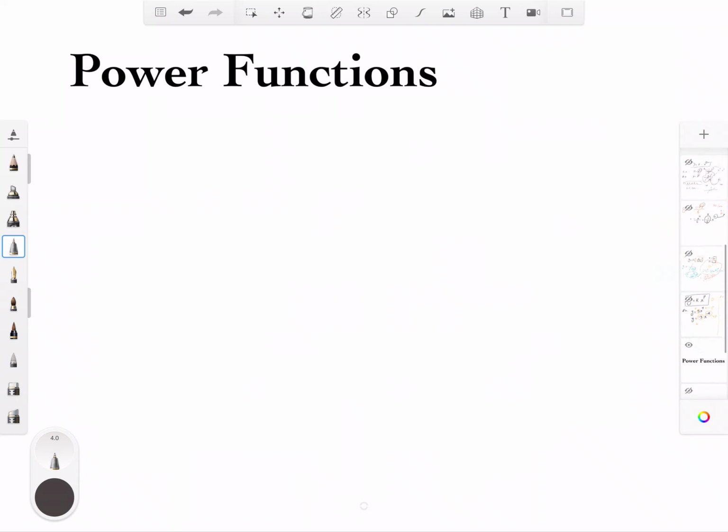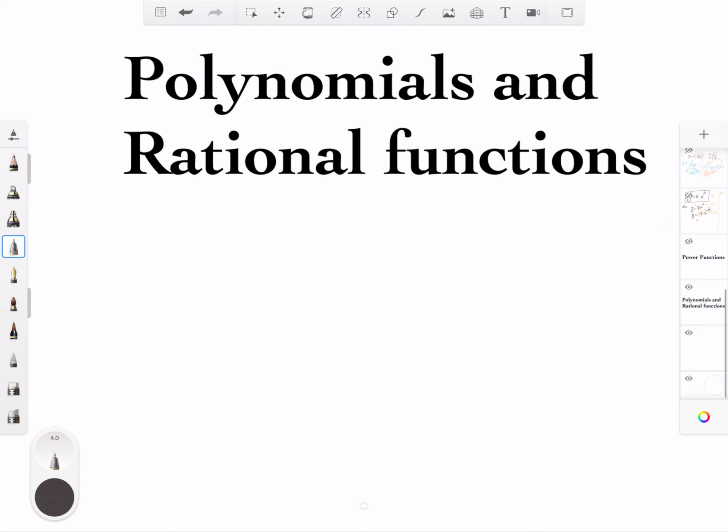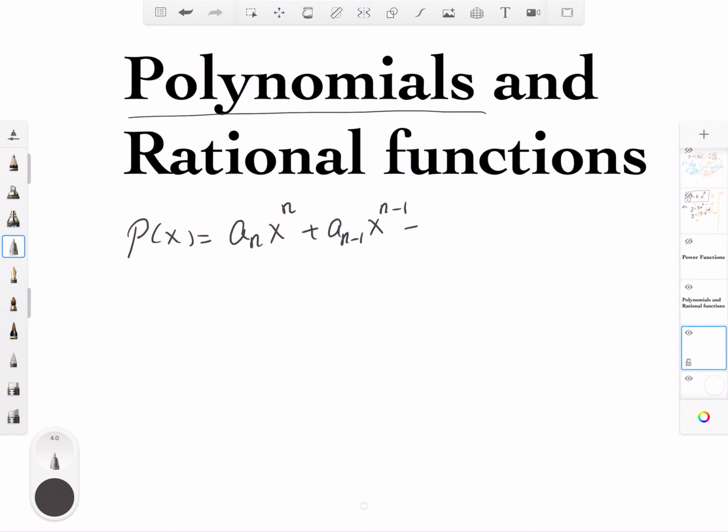Polynomial. So we're going to talk about polynomials. P of x equals a_n x to the power of n plus a_(n-1) x to the power n minus 1 plus ... plus a_1 x plus a_0.